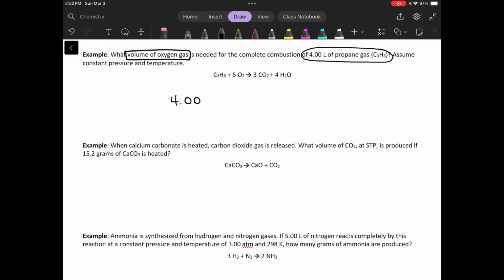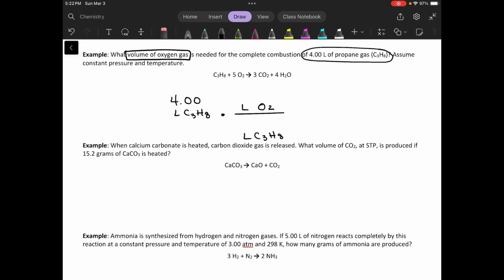So it's going to look like this. So here we might be used to seeing moles over moles, but we can do liters instead.